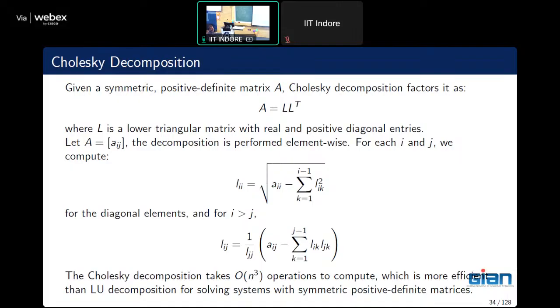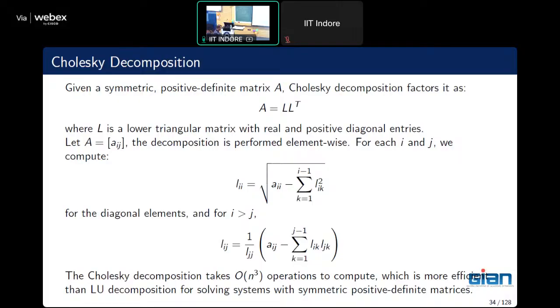That's why we take i greater than j, because all the other terms are 0. Here you can see that k varies from 1 to i minus 1, and here k varies from 1 to j minus 1. So you will get the Cholesky factorization.